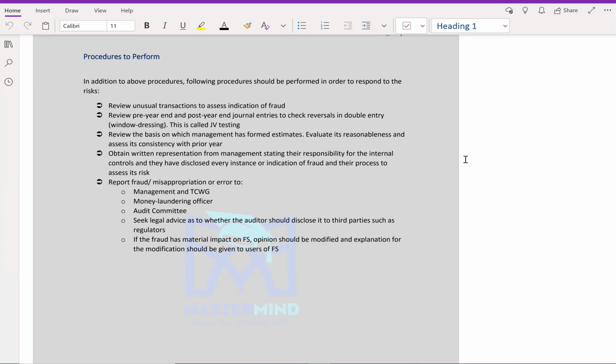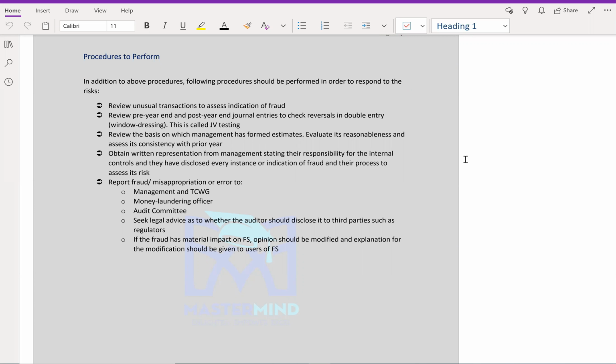Obtain written representation from management stating their responsibility for the internal controls. So make them write it down, make them write down the responsibility and get it within your working papers, get it within your evidence. And they have disclosed every instance or the indication of fraud and the process to assess its risk.